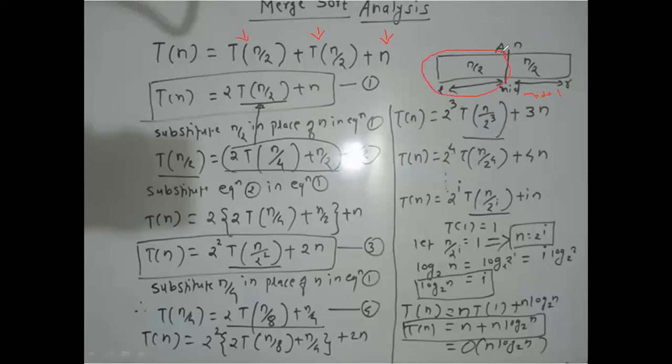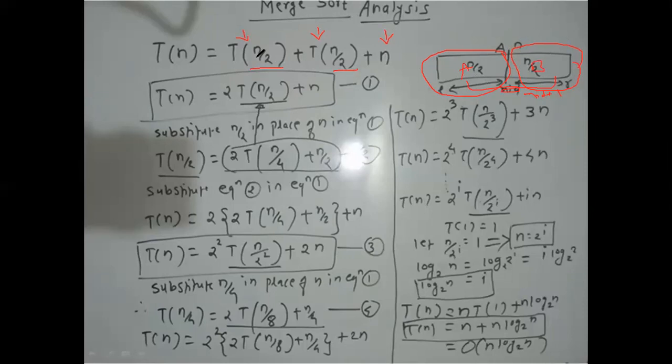The time taken to sort the left side is T of n by 2, plus the time taken to sort the right side of n by 2 elements is T of n by 2. After both are sorted, the time taken to merge these two sorted arrays is n. Clear?